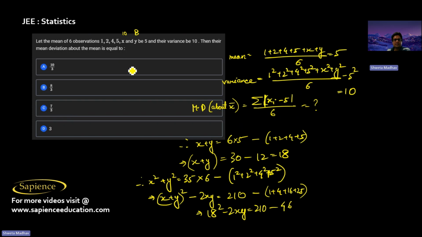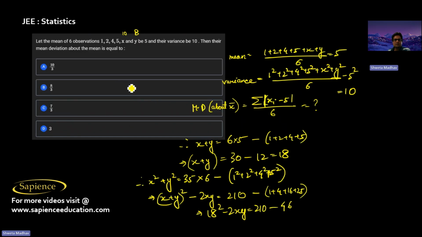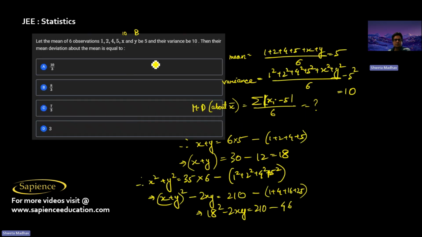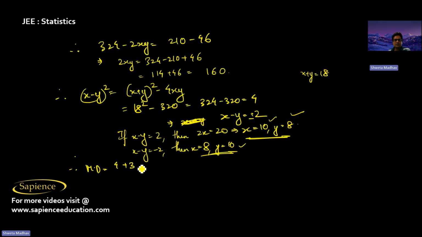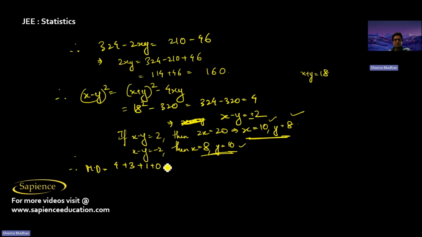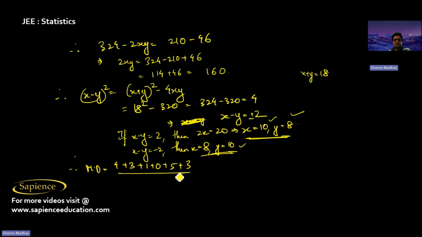Now, therefore, the mean deviation is equal to mod of 1 minus 5, that is 4, plus mod of 2 minus 5, that is 3, plus mod of 4 minus 5, that is 1, plus mod of 5 minus 5, that is 0, plus 10 minus 5 is 5, plus 8 minus 5, that is 3, divided by 6.